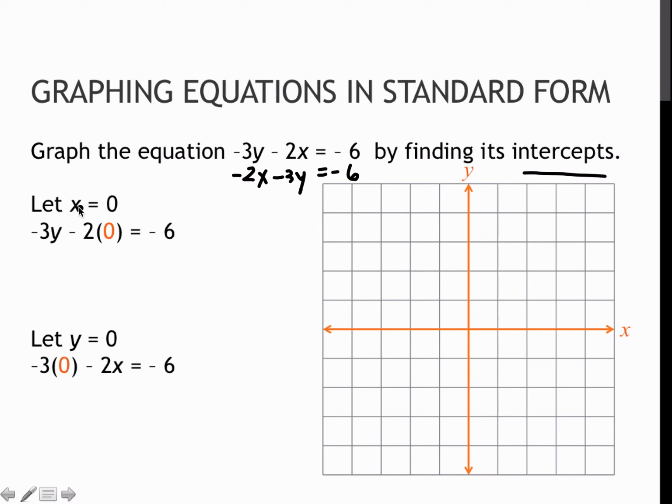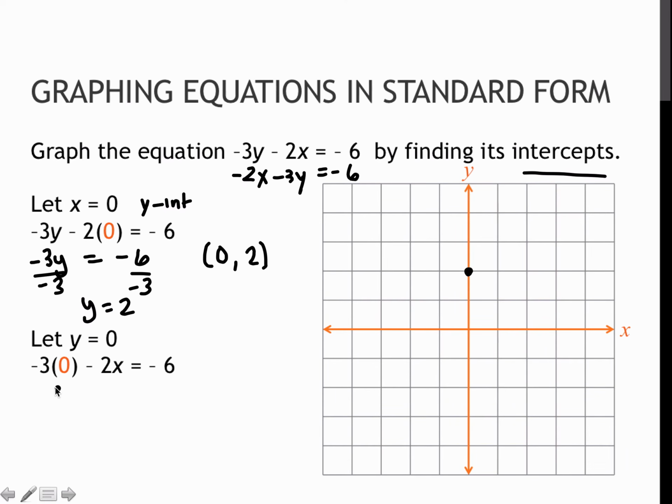Notice here, I'm going to let x equal 0. When I let x equal 0, I'm finding my y-intercept, where my line is going to cross the y-axis. -3y minus 2 times 0, so I've replaced x with 0. 2 times 0 is 0, equals -6. I'm going to divide by -3 to get y equals +2. So what I just found was the point 0, 2, which is right here. That's my y-intercept.